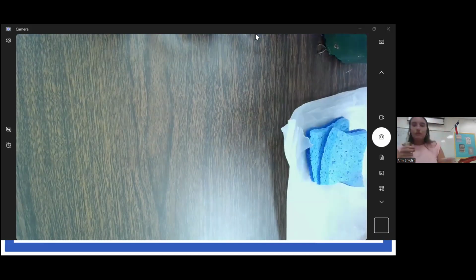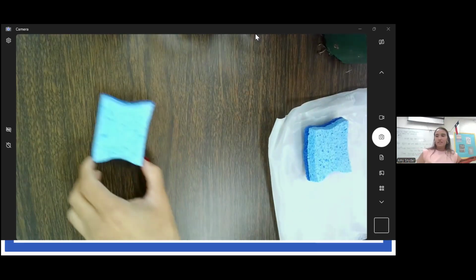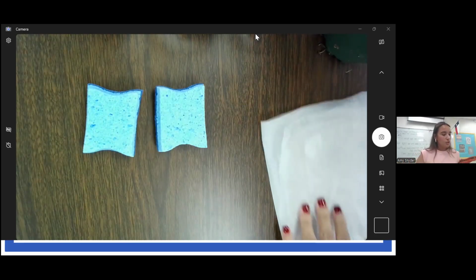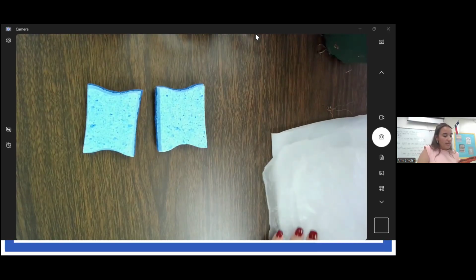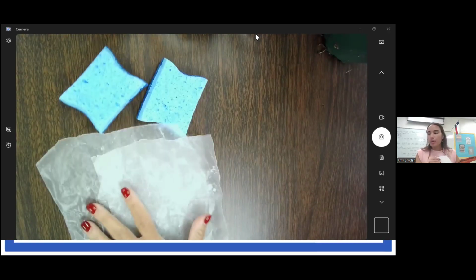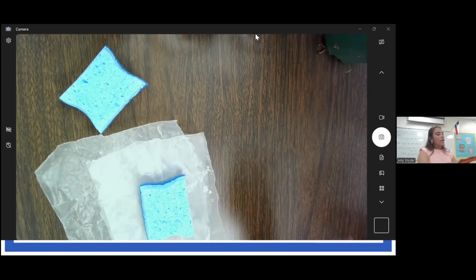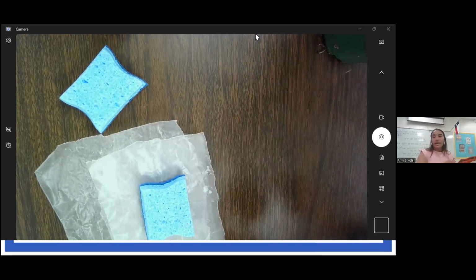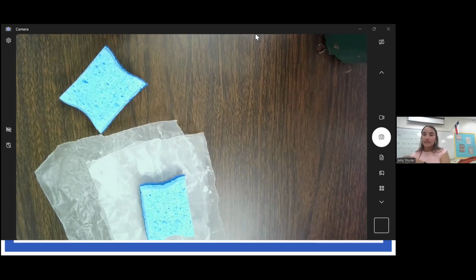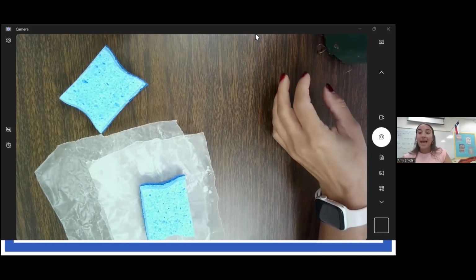Okay. So for this one, you will need 2 sponges. You will need 3 sheets of wax paper that are big enough for the sponge to sit on top of. You'll also need either a triple beam balance or a digital scale to measure mass.